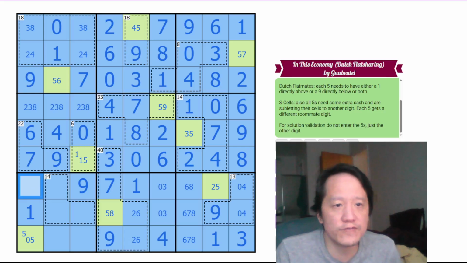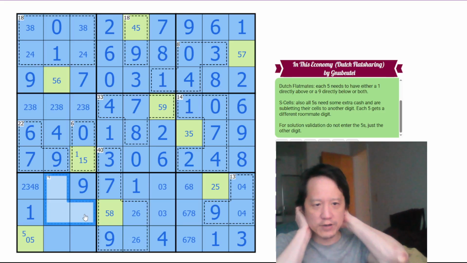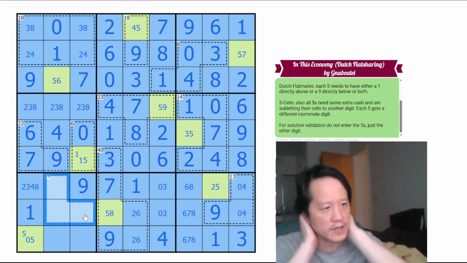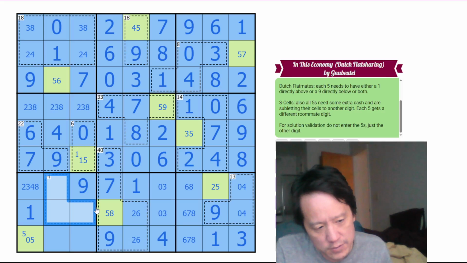This is 2, 3, 4, or 8 here. 4 cannot be here. 3 digits adding up to 14 without a 0, 1, 5, or 9. It's what? 2, 3, 8? No. It's 2, 4, 8.